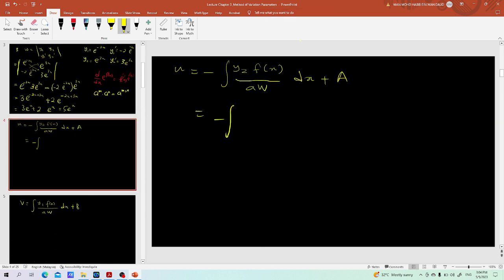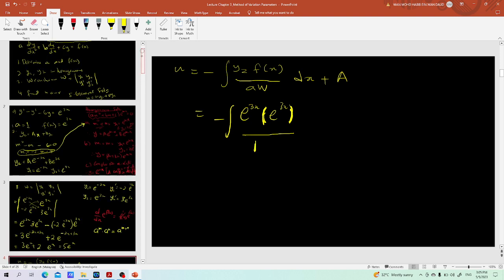Integrate y2, e^(3x), times f(x). What is our f(x)? f(x) is e^(3x) also. And then what is a? a is 1.